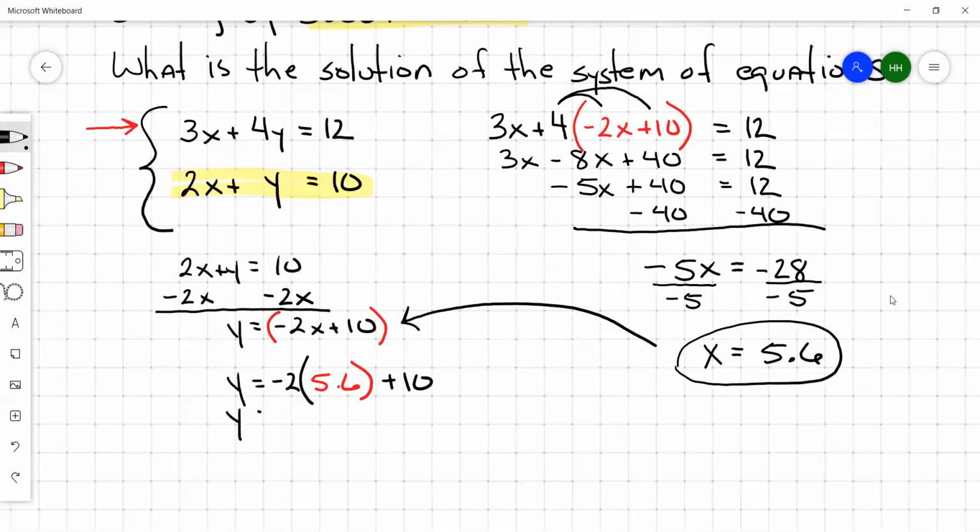So the y is equal to 5.6 times 2, negative 11.2 plus 10. So y equals negative 11.2 plus 10, which would be negative 1.2.